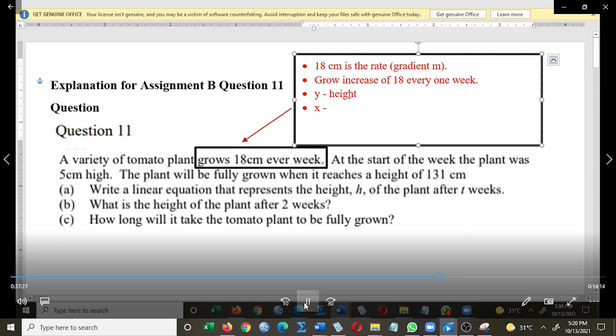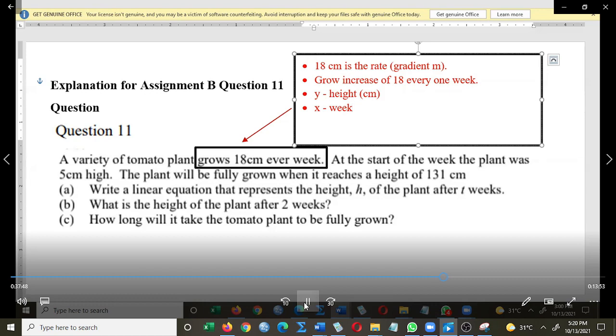And what is the unit for that height? Height could be in meters, kilometers. What's the unit? Centimeters. Now, somebody said week. Week is a valid word there, but what is week here?